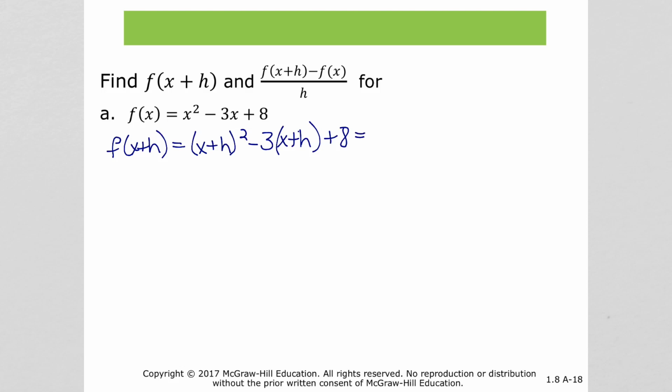Okay, so x plus h quantity squared, that gives us x squared plus 2xh plus h squared. And then we have minus 3x minus 3h plus 8. And there's nothing there, actually, that can be combined.